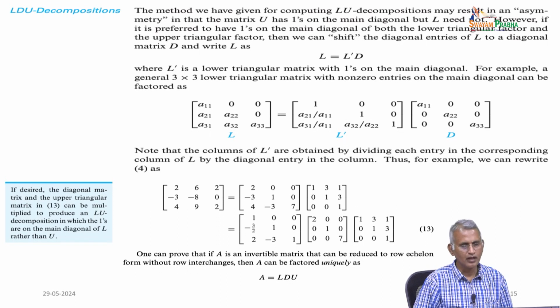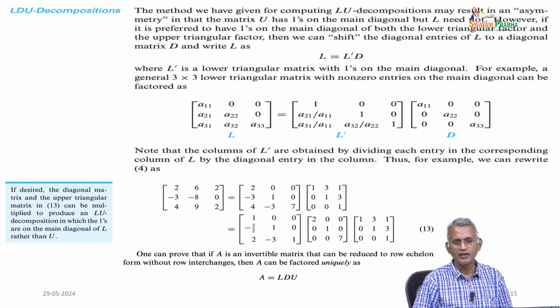Now, we have to demonstrate the LDU, where LDU is a lower, diagonal and upper matrix, multiply them, and see how to decompose the matrix. So, the method we have given for computing LU decomposition may result in an asymmetry, in that the matrix U has ones on the main diagonal, but L need not.